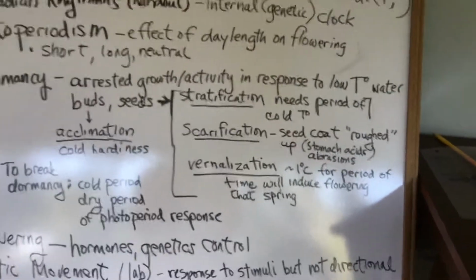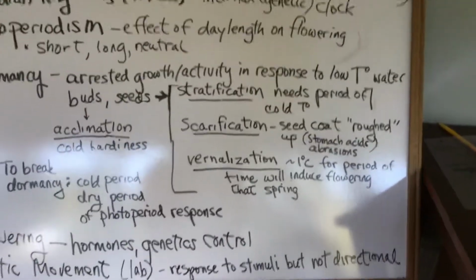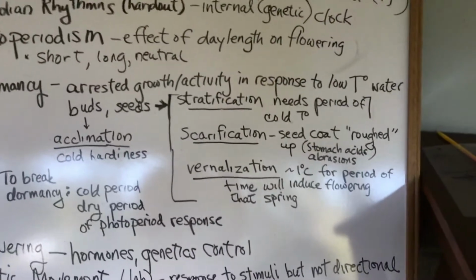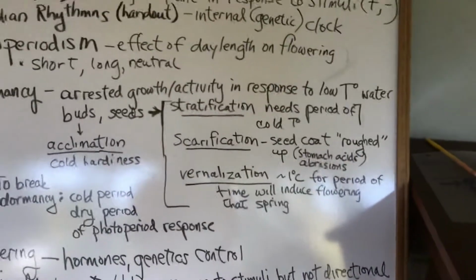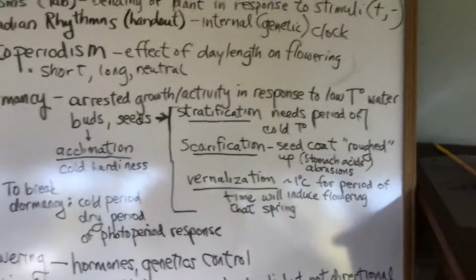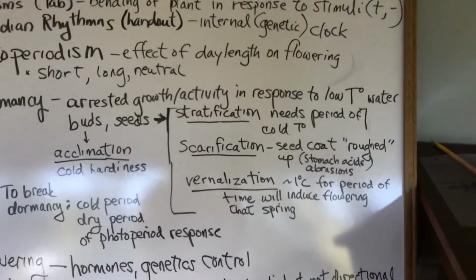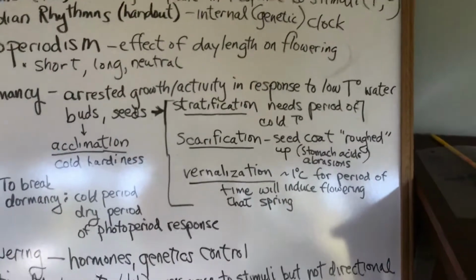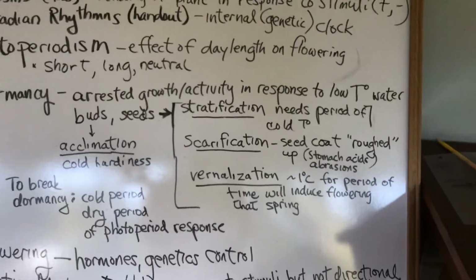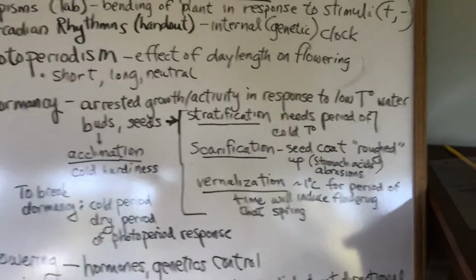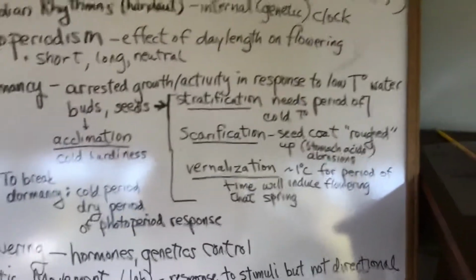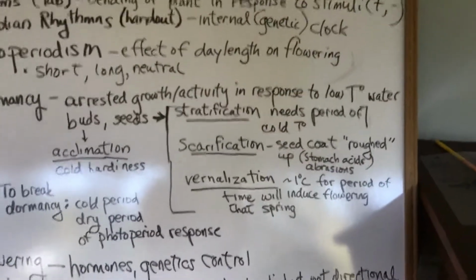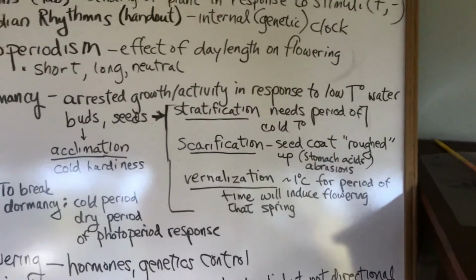Vernalization is, in some plants, if you keep the seeds at 1 degree C for a short period of time, then they will bloom that spring. Some plants wouldn't bloom if the temperature was higher than that, so if you wanted to make them bloom, you could put them, for example, in the refrigerator.